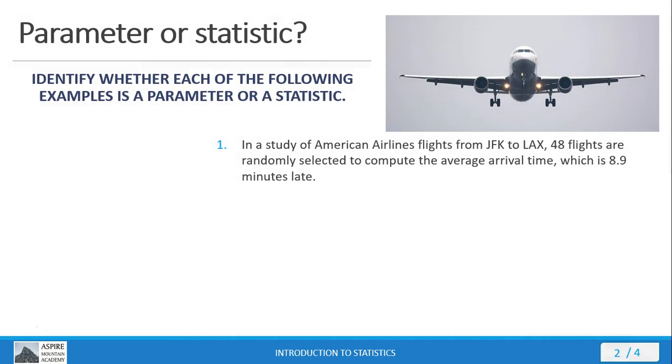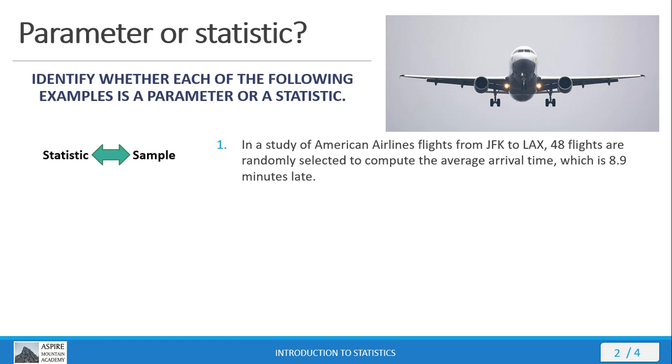In a study of American Airlines flights from JFK to LAX, 48 flights are randomly selected to compute the average arrival time, which is 8.9 minutes late. Parameter or statistic? I'll give you a few seconds. Well, if you said statistic, then you win the prize.